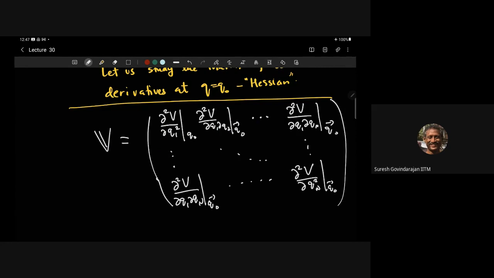So this is an n by n matrix. Is this clear? This is called the Hessian matrix.